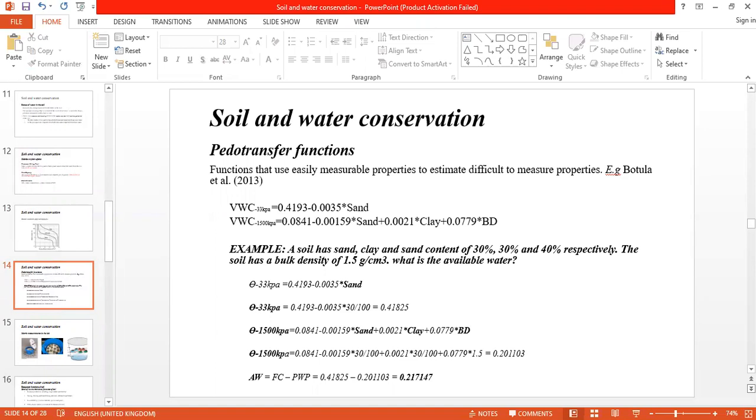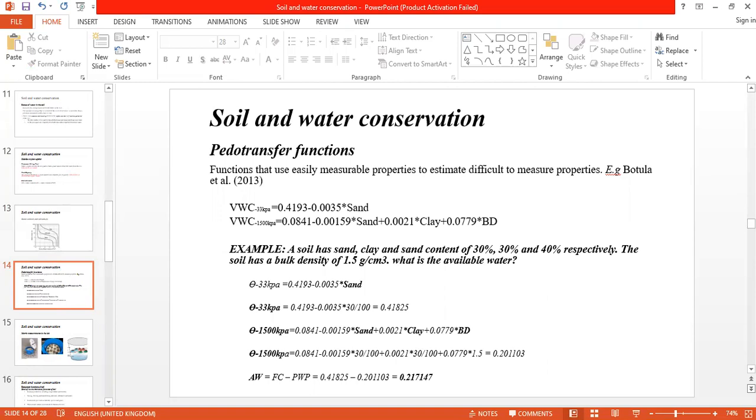These are usually used in research, because measuring the moisture characteristic curve can take you about 3 months to come up with the whole curve. So it's usually difficult to do that.